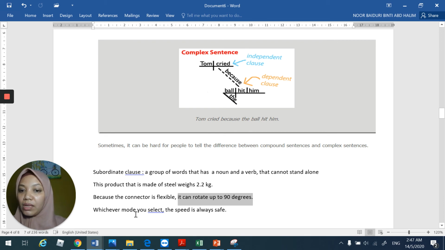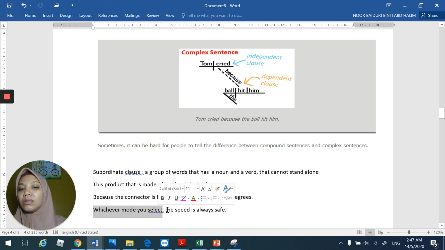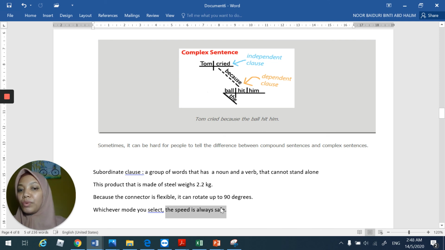Oh, wrong. Okay. Third example, "whichever mode you select, the speed is always safe." Okay. Part 1 and then part 2. So this one is the subordinate clause. This one is the independent clause. "The speed is always safe."